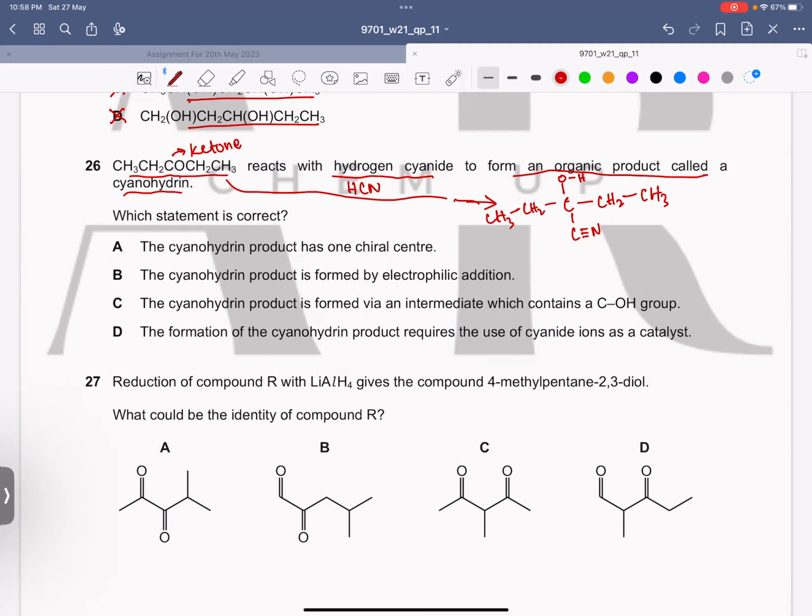Which statement is correct? The cyanohydrin product has one chiral center. Does it have one chiral center?